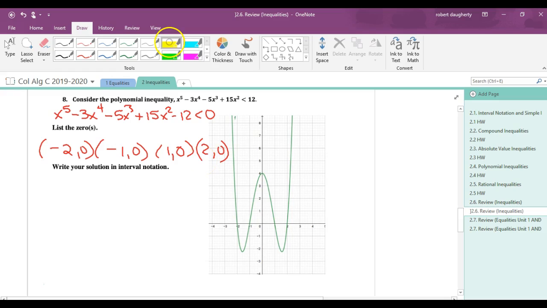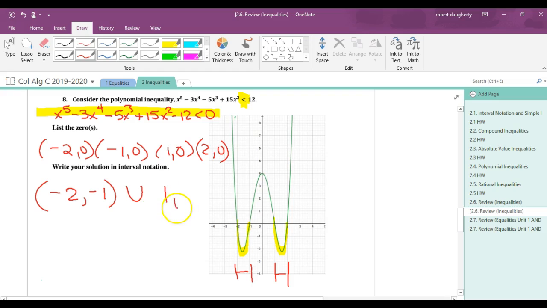So where does the graph satisfy that condition? Where is it less than 0? I see a piece here, and I see a piece here. I need to find the x interval from there to there and the x interval from there to here that makes that happen. Since it's strictly less than, I'm going to have parentheses. That first interval is from -2 to -1, and that second interval is from 1 to 2. And that is where the graph is less than 0.